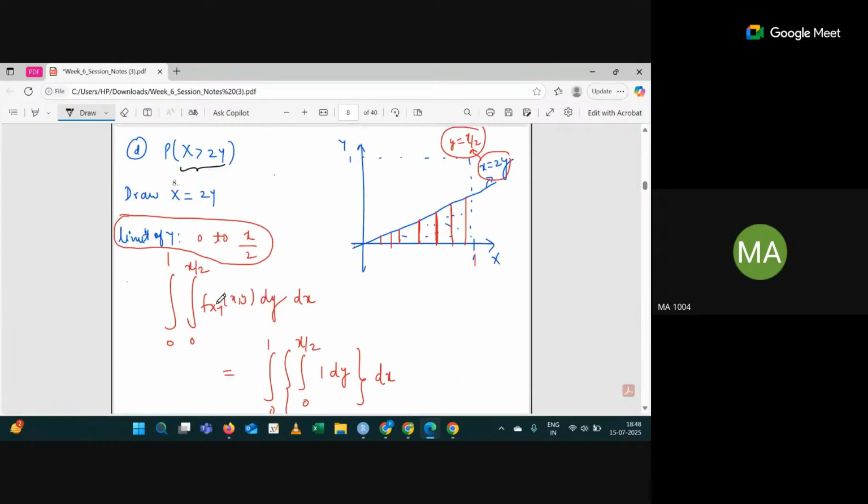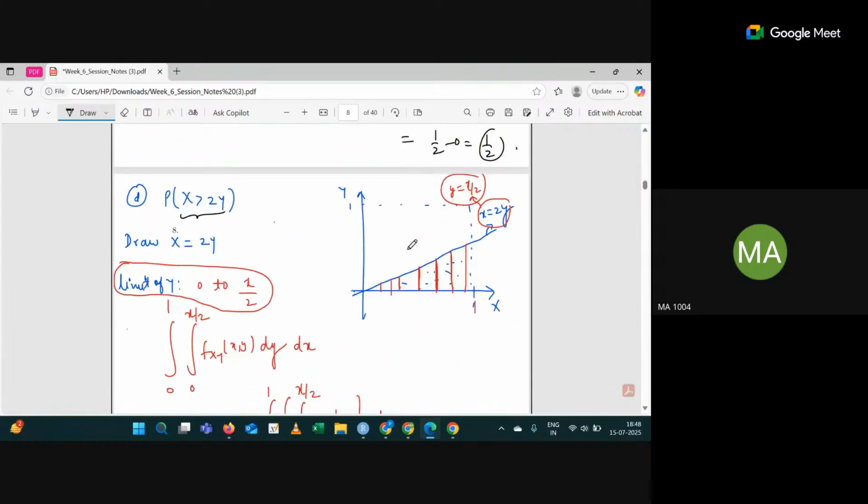I want to limit x greater than 2y. So first of all, if I want to draw a parallel strip with respect to the x axis, this is going from 2y to 1, right? Yes, sir.